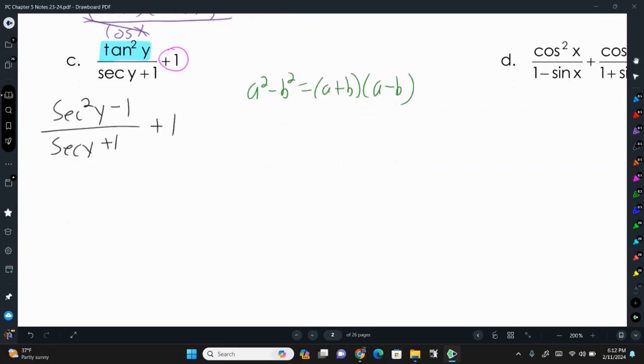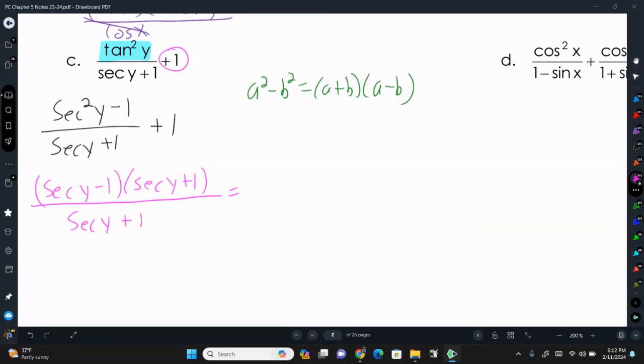So we can rewrite this now as secant y minus 1 times secant y plus 1 over secant y plus 1, and that plus 1 on the outside. Well, the secant plus 1's from the numerator and denominator will cancel with each other. So then we're left with secant y minus 1 plus 1.